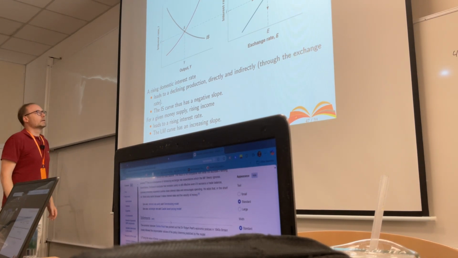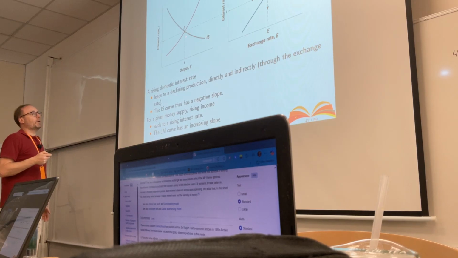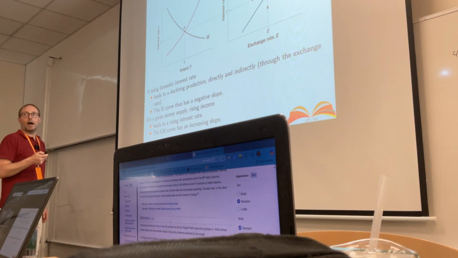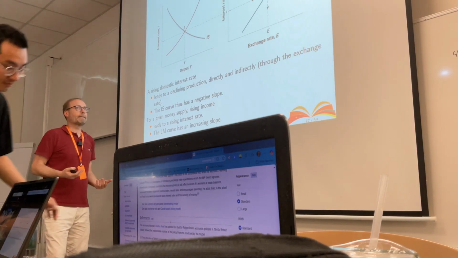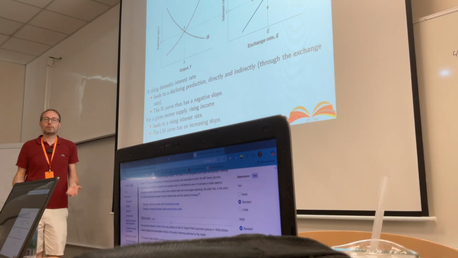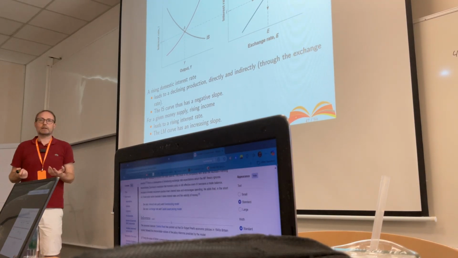So now we see, if we have an expansionary fiscal policy, for example, we know it's going to lead to an increase in Y and an increase in I. The increase in I is going to lead to an increase in the exchange rate, an appreciation in our currency.